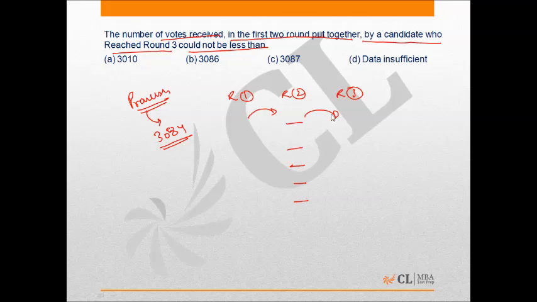In order to make him qualify in round 3, I will again give him 2 votes. I will maintain him in the top 3 candidates. So the required summation will be 3084 plus 2, 3086 is the answer. Option B is the right answer choice.